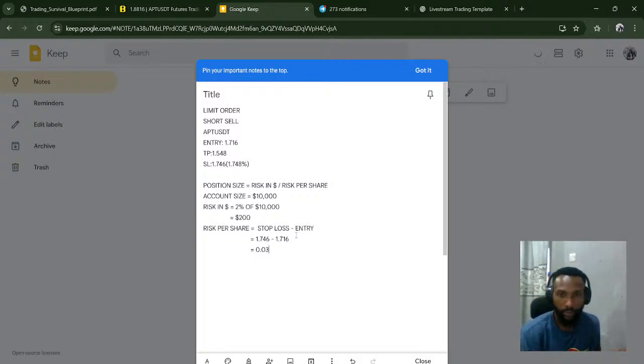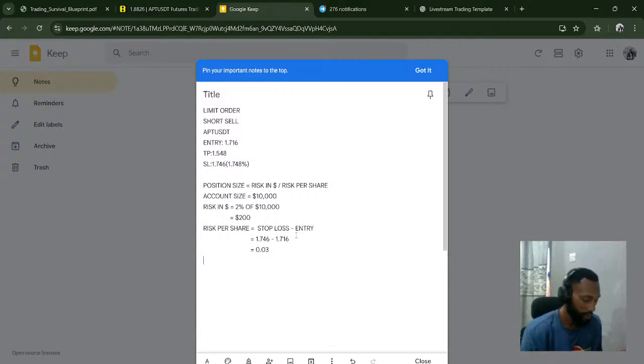So next, we now calculate the position size. Position size is risk in dollars divided by risk per share. So we've gotten our risk per share as 0.03. Our risk in dollars is $200.